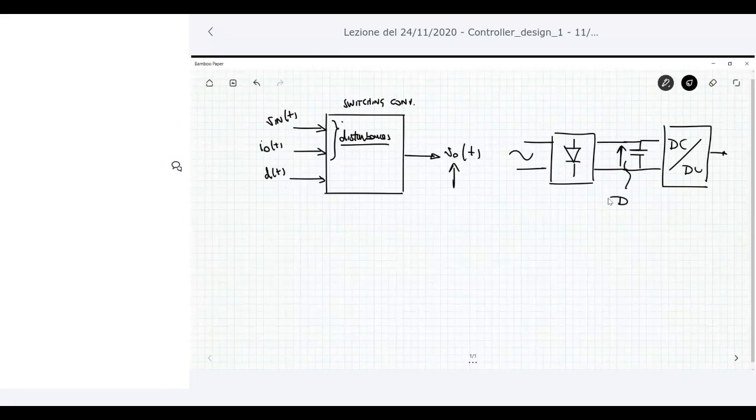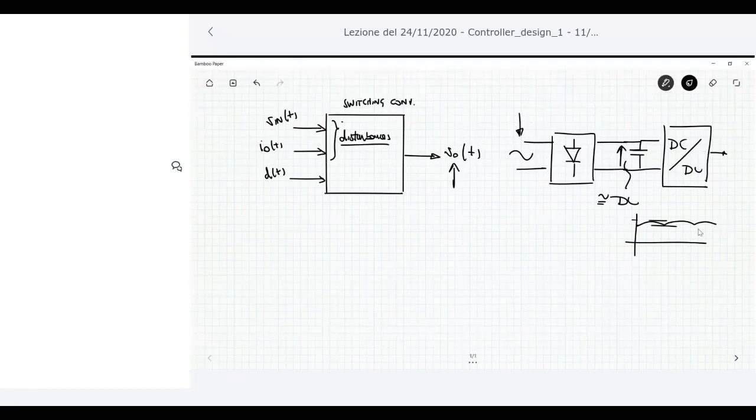The voltage at the input is something like this, with a frequency which is 2 times that of the input mains, but it is not constant. So I want to minimize the variation of the output voltage when you have this variation, for example. So this can be considered as a disturbance.